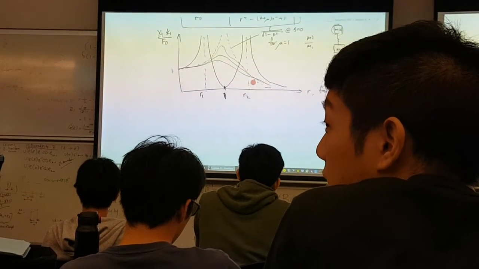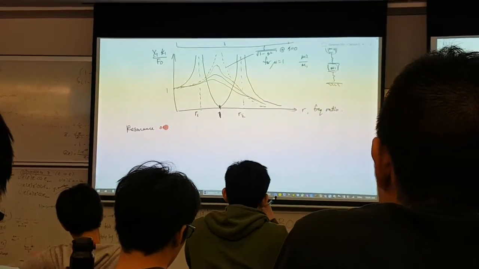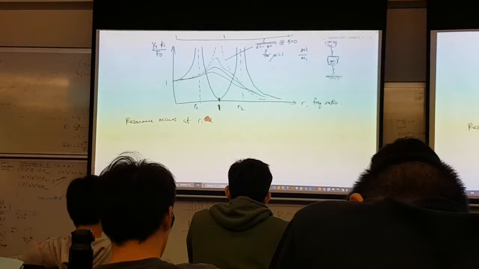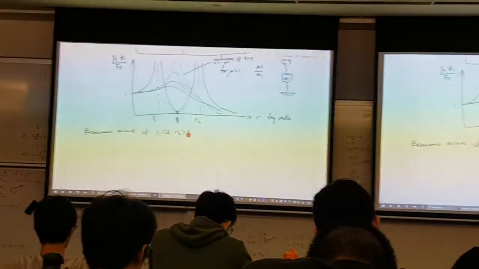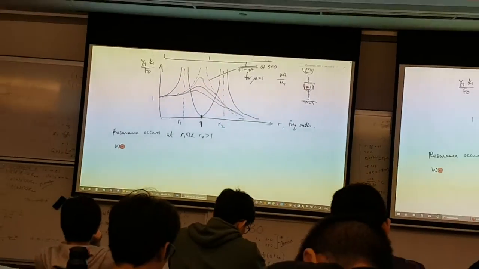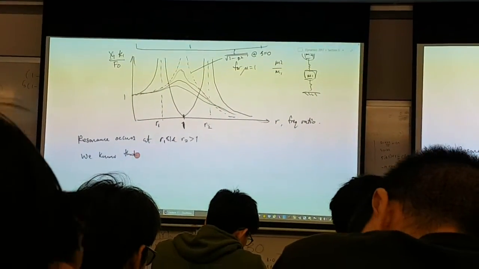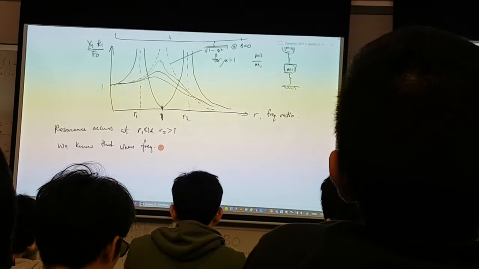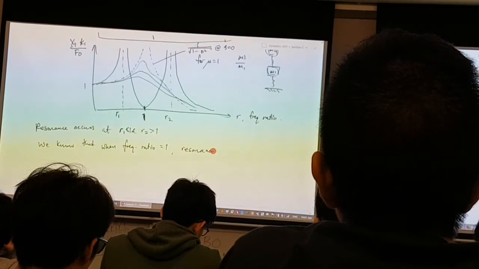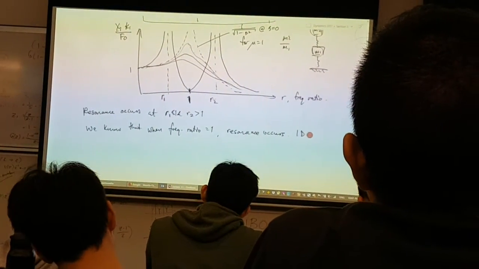So what I said just now is that for resonance, it occurs at R1 less than 1 and R2 greater than 1, right? So we know that when the frequency ratio is equal to 1, resonance occurs. That one we know is for a 1 degree of freedom system.